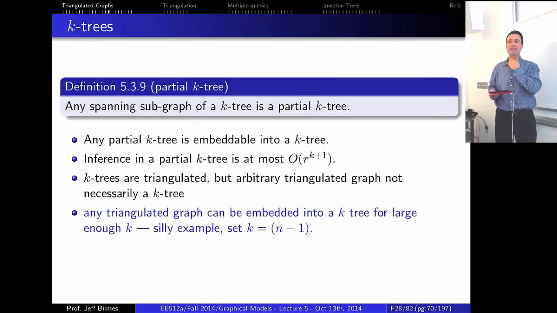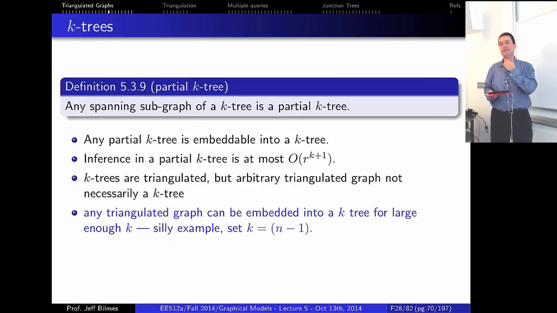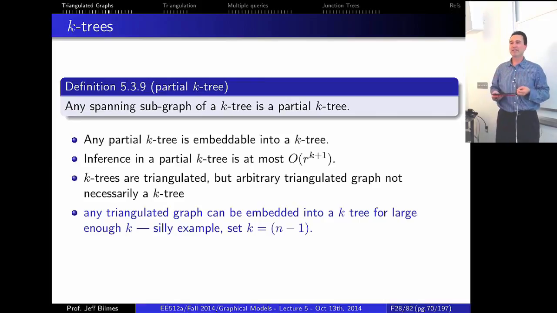Now we can trivially embed it into a K-tree for a large K. For example, we can set K equal to n minus 1. That basically turns it into a clique, and we can embed any graph into a clique. Now that's not a very helpful or useful embedding, but it certainly means that it's true.